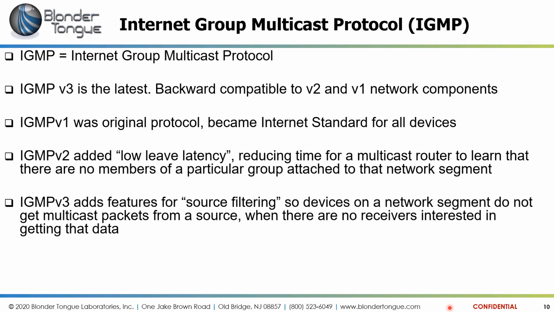And version 3 adds features for source filtering, so devices on a network segment don't get multicast packets from a source when there's no receivers interested in getting that data. Basically, version 1, version 2, version 3, just increasing ways to connect and disconnect from a multicast group faster.